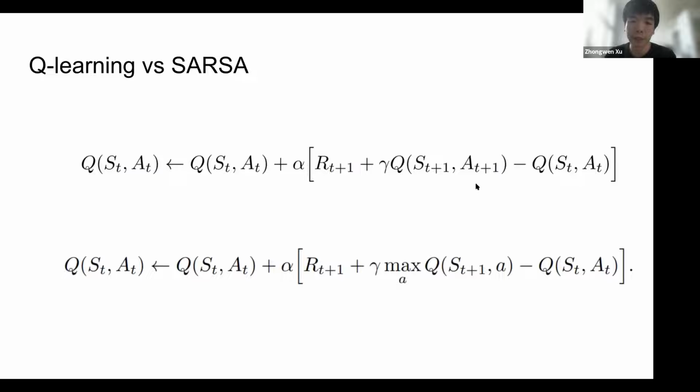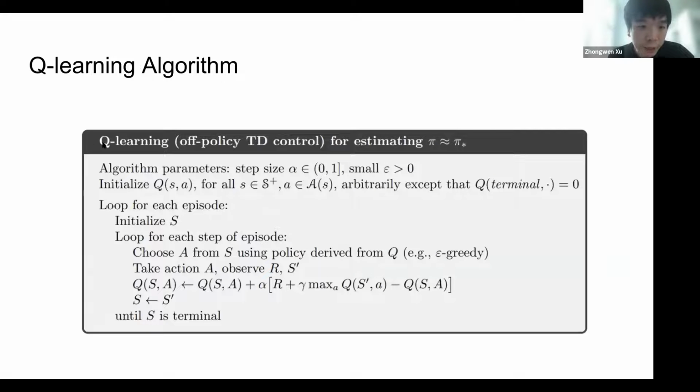So instead of taking the actual action, we use the current best estimation of the next Q values. Again, this algorithm description box describes the complete picture of the Q-learning algorithm. The key equation is here, and it also includes the interaction between the agent and the environment.